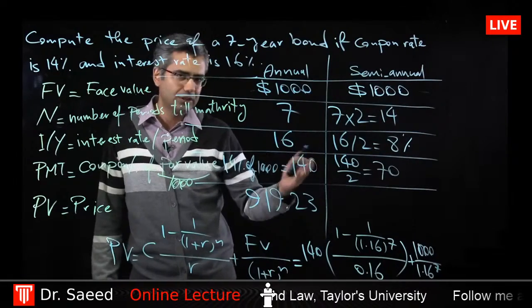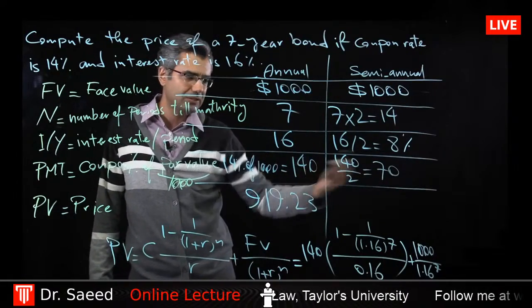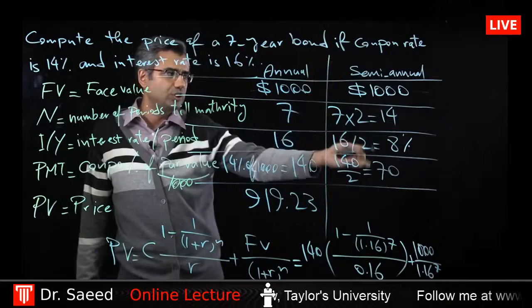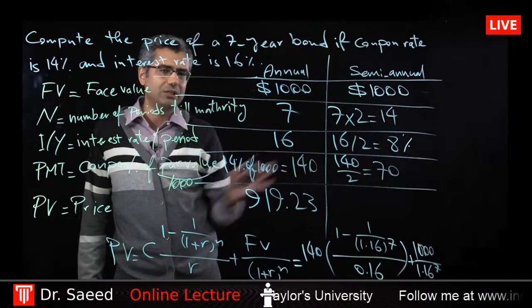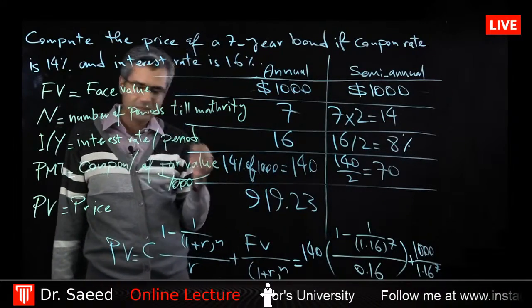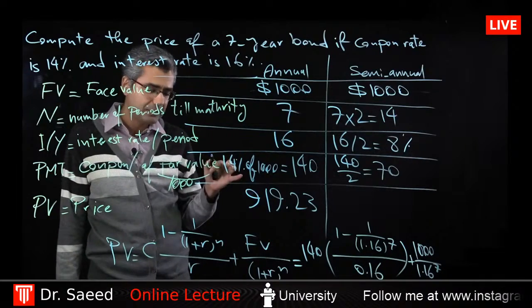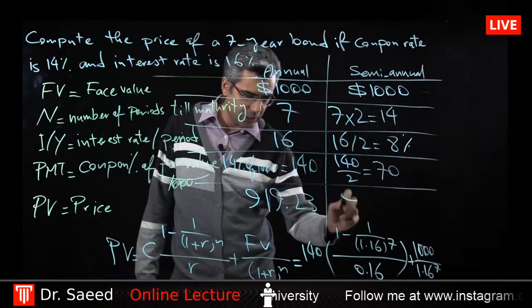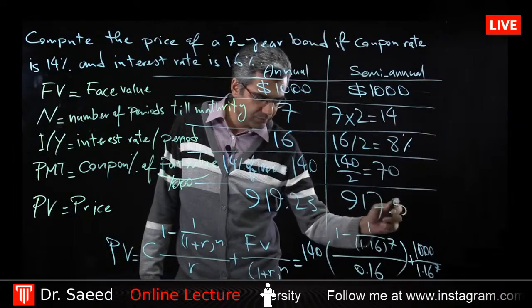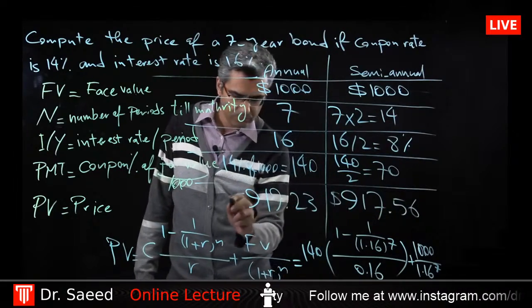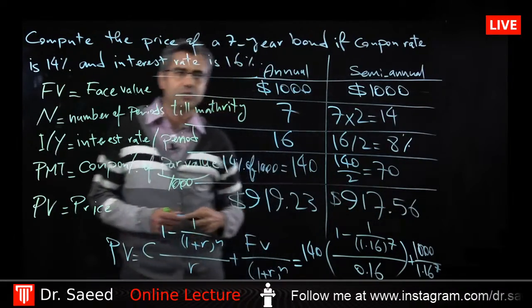It's the same thing. Now you key in all these data, these 4, into the calculator, and then you press CPT and PV, and you will get 917.56. This is the price of this one.